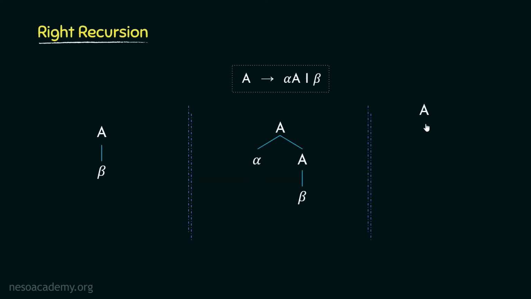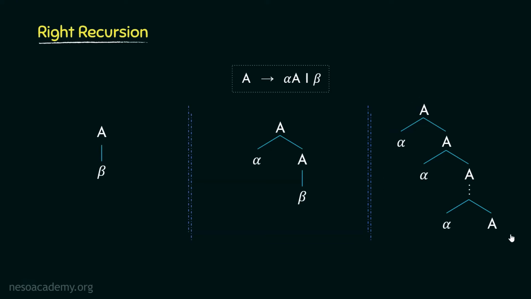So in general, starting from the start symbol A, if we derive alpha and A first, then from this A, if we derive the same, that is alpha and A only, now from every other A of the next level, if we keep deriving the same, this time we will end up getting a right skewed tree like this. Now we can stop the derivation like this.